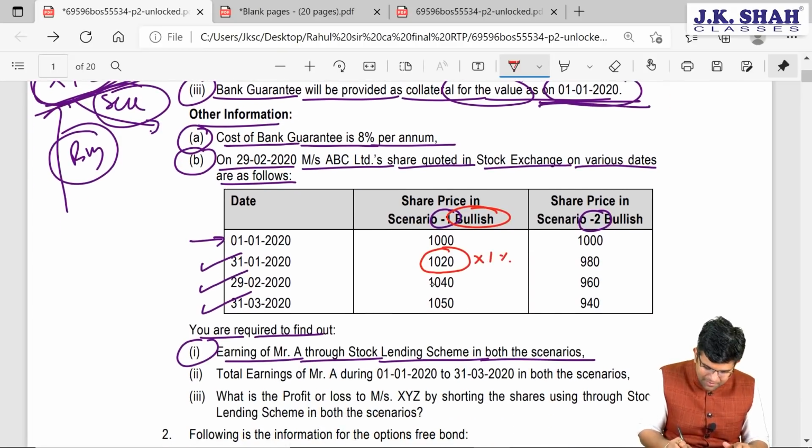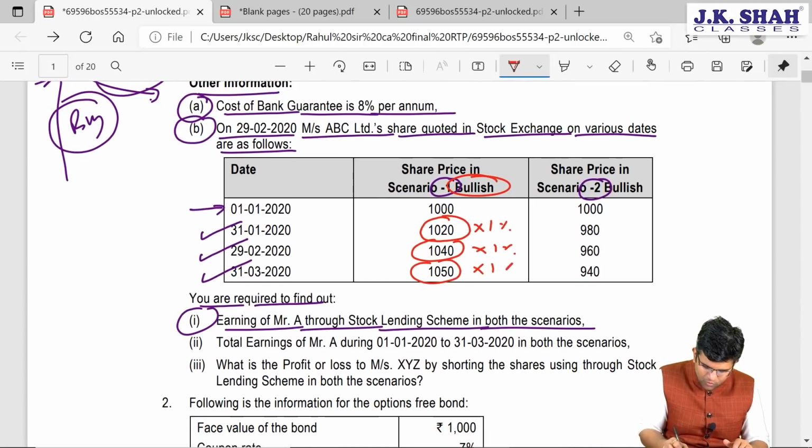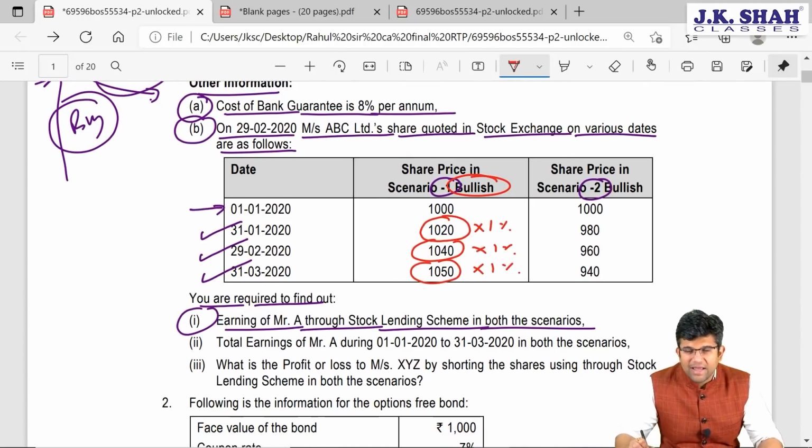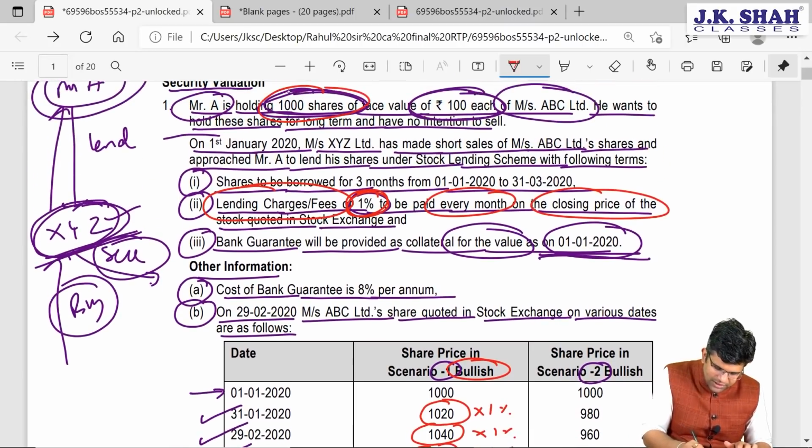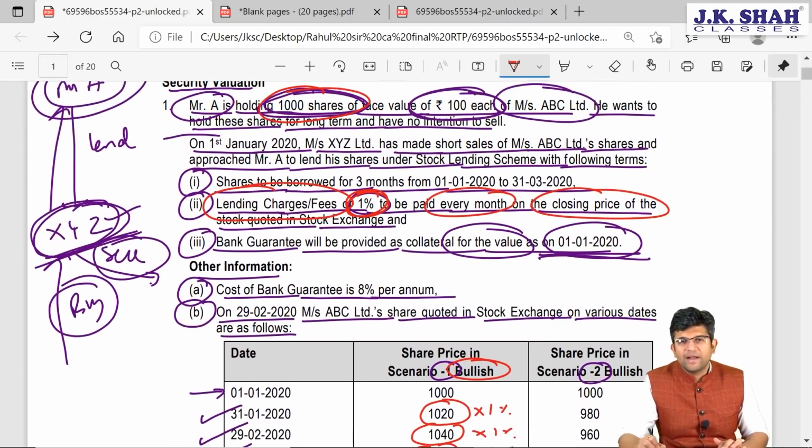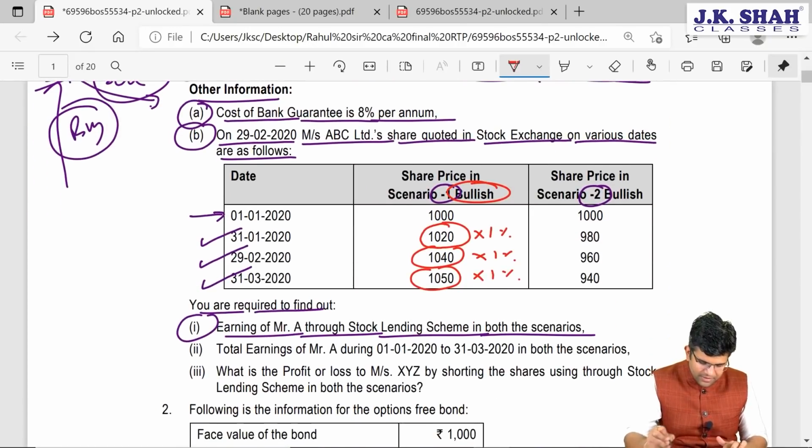Then at the end of second month, this into 1%. End of third month, this into 1% is what Mr. A will get per share. Correct? At the end of these 3 months, we'll total all of that and we'll multiply by total shares, that is 1000 shares. We'll get the total earnings for Mr. A. Everybody clear?